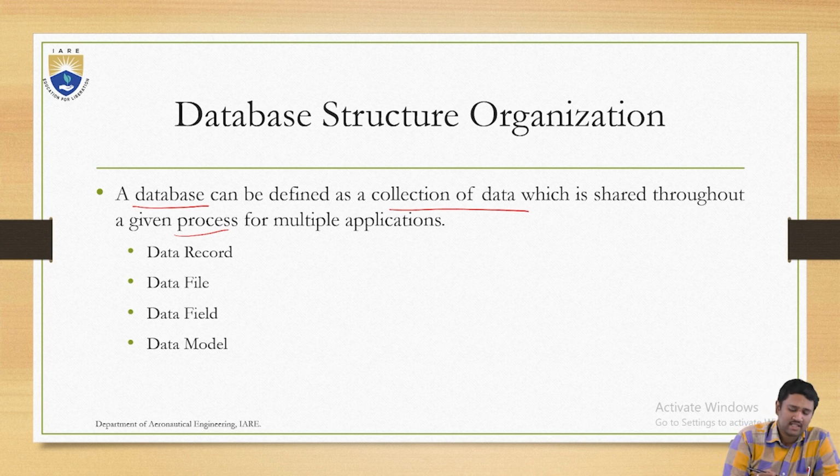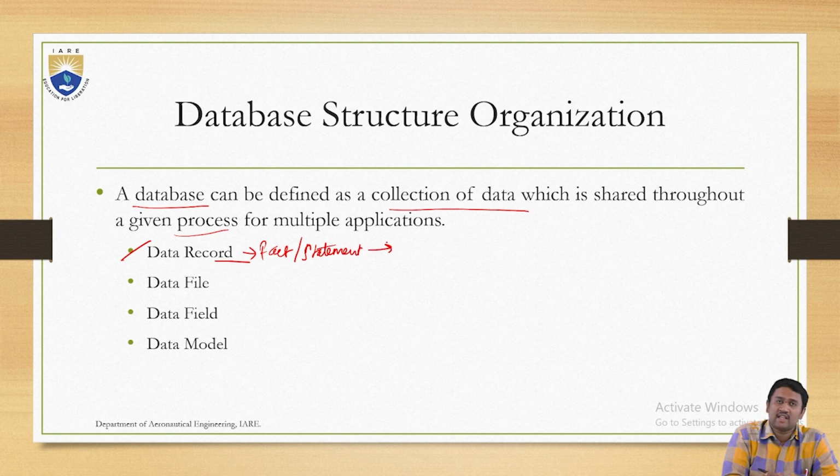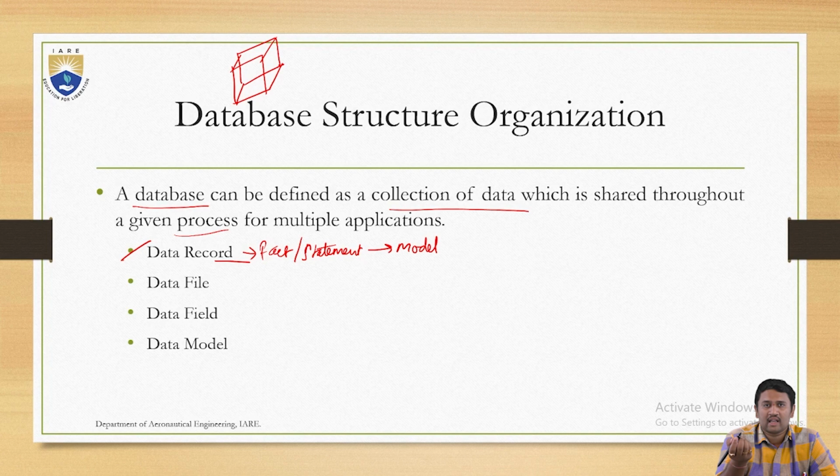Now, what does it basically have? A database will have a data record. What do you mean by record? It's a fact or statement, let's say, related to, in our case, a model. For example, we are taking a cube, which has all sides equal.